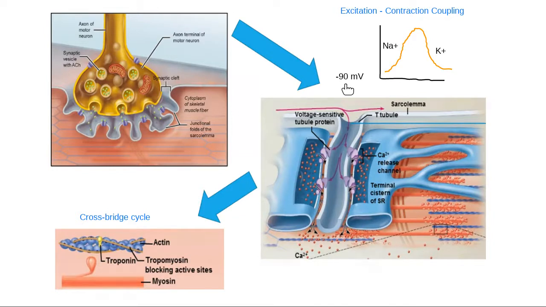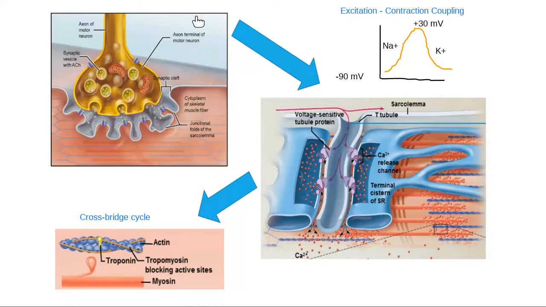Muscles are just at -90. If I go positive at all, that's going to open up my voltage-gated sodium channels. They're very sensitive. So all that to say, we don't do summation in a muscle cell. It's all or nothing. If you start going positive, we're going all the way positive. Yeah, all the way up, like Ariel mentioned, all the way up at the top to +30.